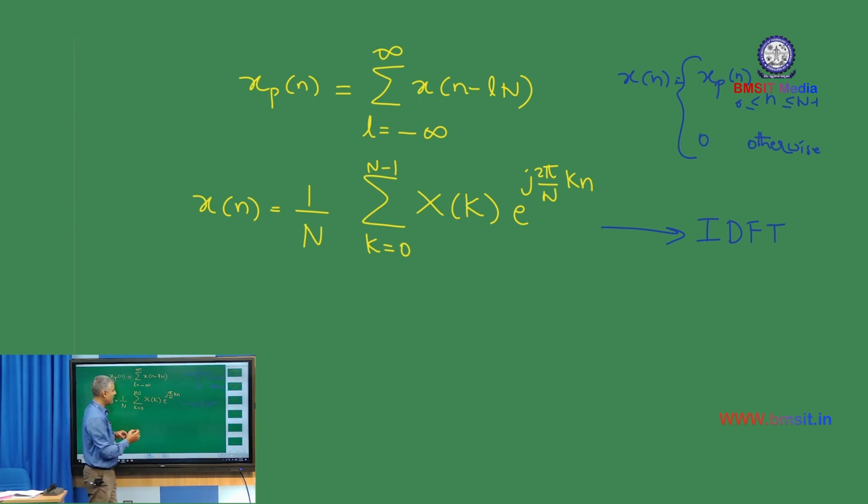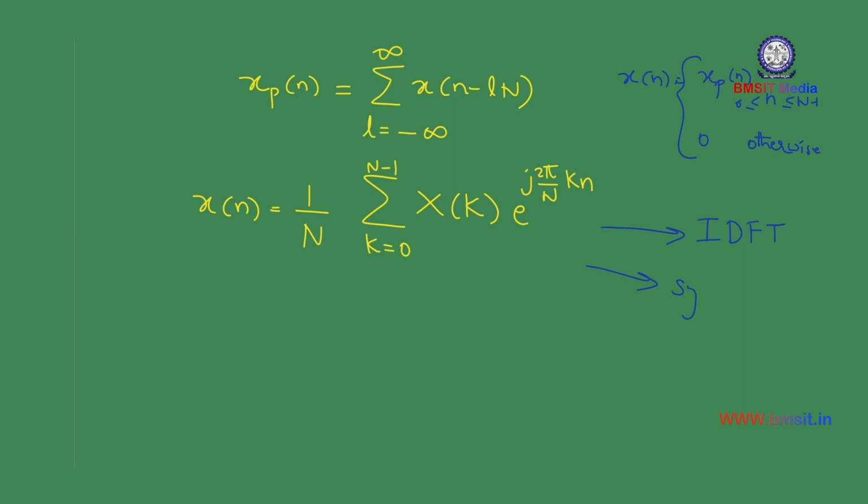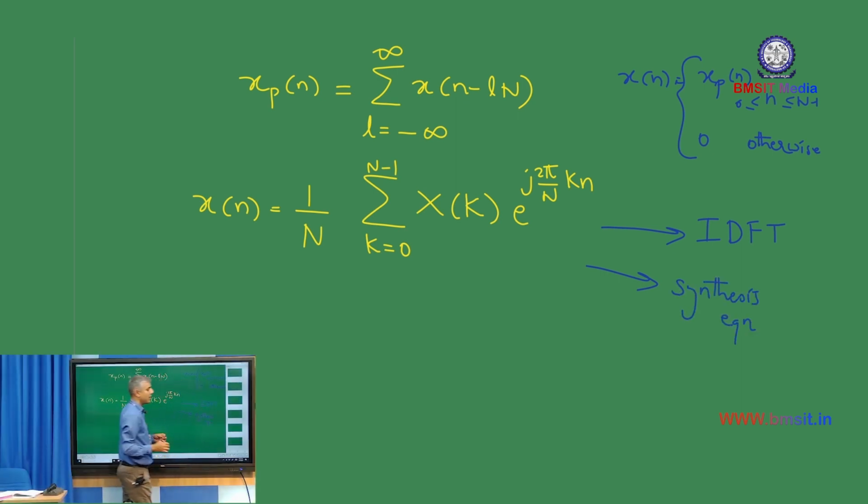The equation now shown on your screen is the synthesis equation. The analysis equation gives you the information of what frequency contents are present in the given discrete time domain signal.